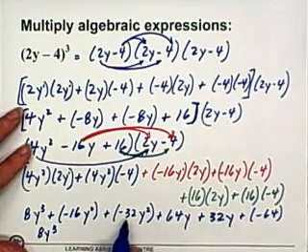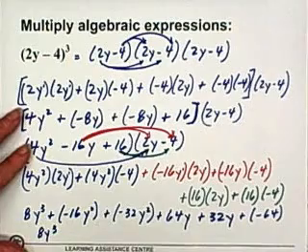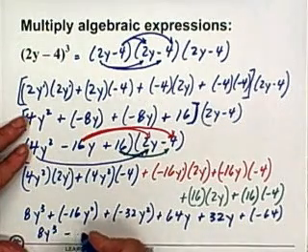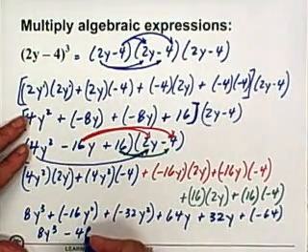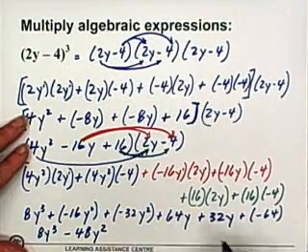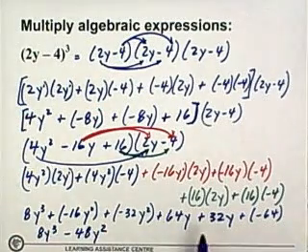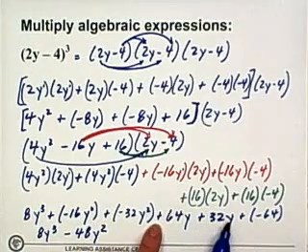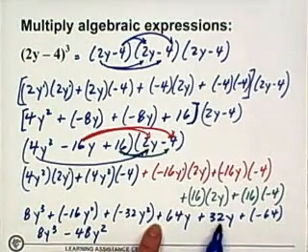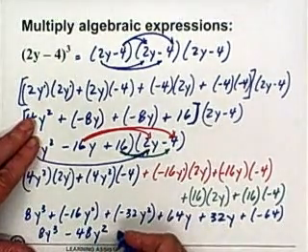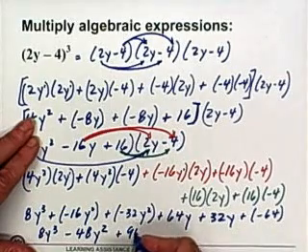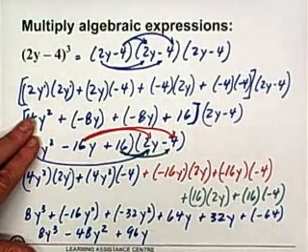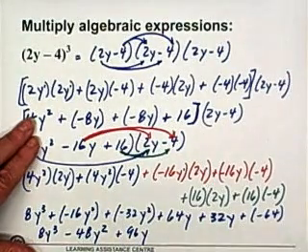Minus 16 minus 32, that's a minus 48. So we write that as minus 48y squared. Now we have plus 64y plus 32y, which is 96, plus 96y. Then we have minus 64.